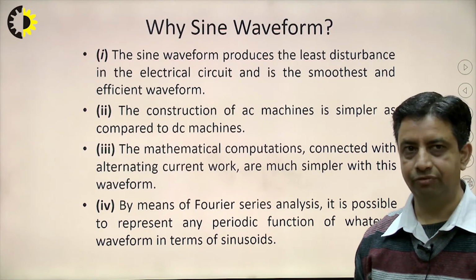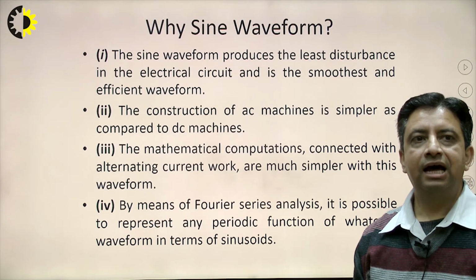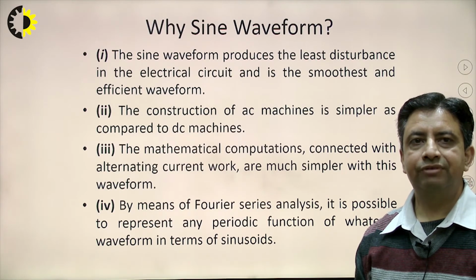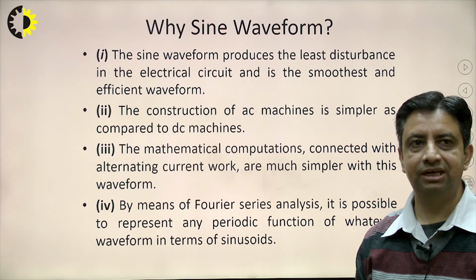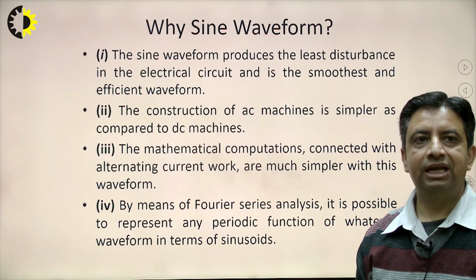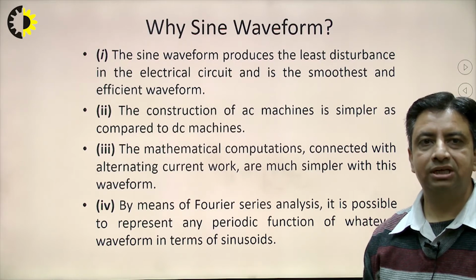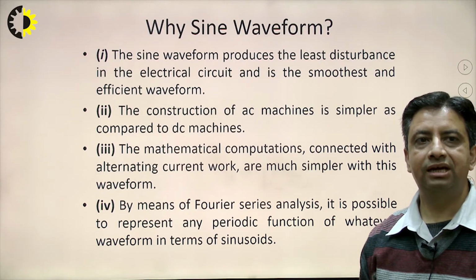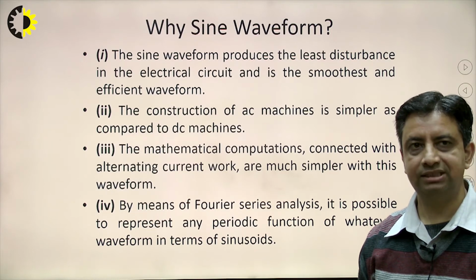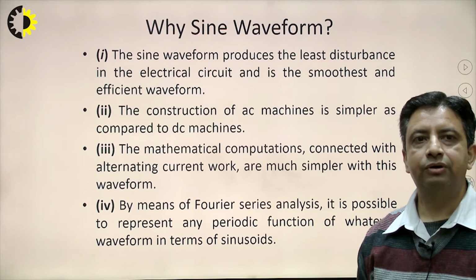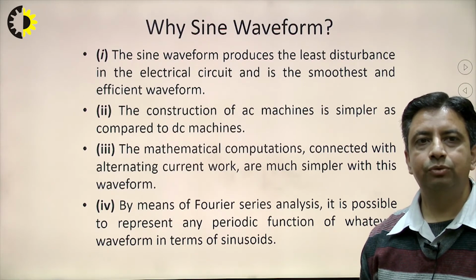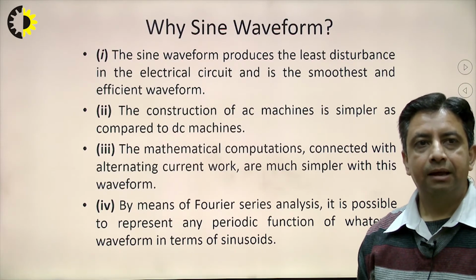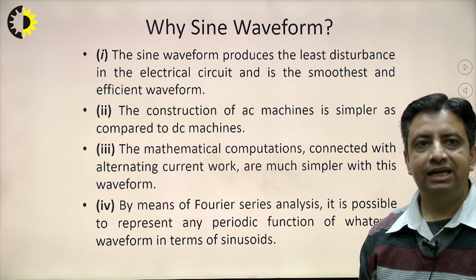type of waveform. Second, the construction of AC machines is simpler compared to the DC machine. And the third one is that the mathematical computations connected with alternating current are much simpler with this type of AC sine waveform. For AC circuit analysis, we generally use differentiation and integration.